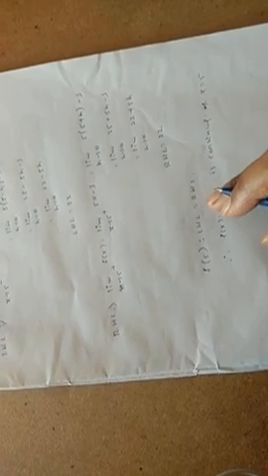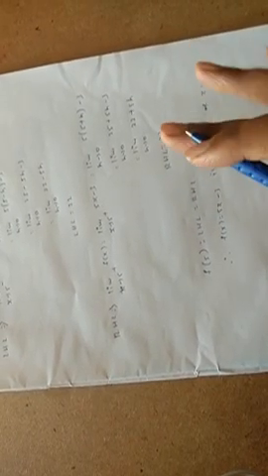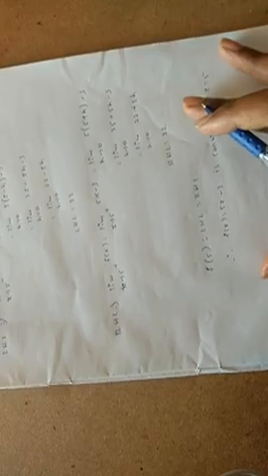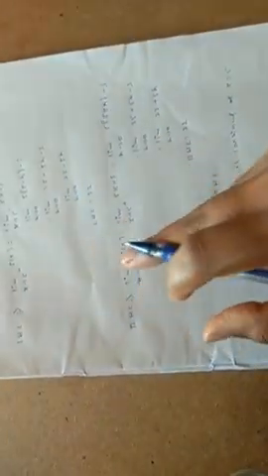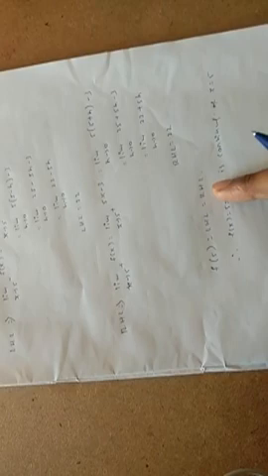Suppose all three are existing and f of a is equal to LHL and RHL is not satisfied, then only we can say that the given function is not continuous. So first we need to verify whether f of a exists or not, LHL exists or not, RHL exists or not. Then finally we need to check that f of a is equal to LHL is equal to RHL. Then only we can say that the given function is continuous at the given particular points.